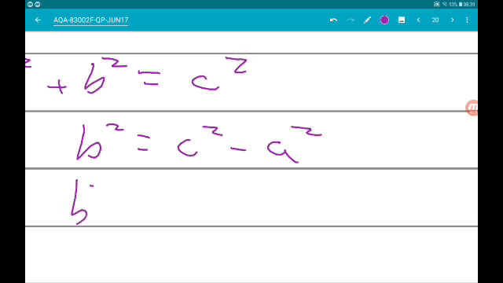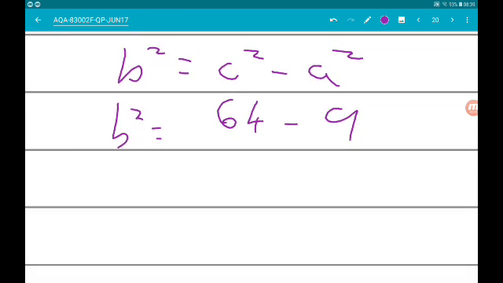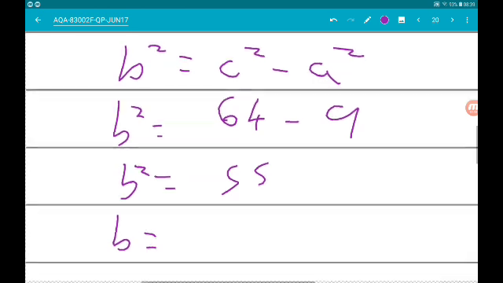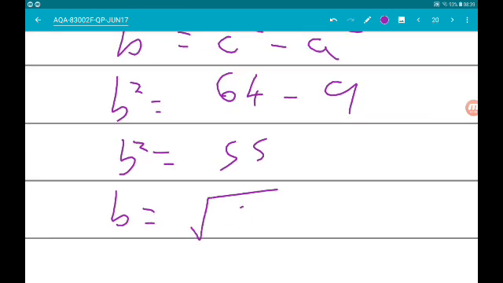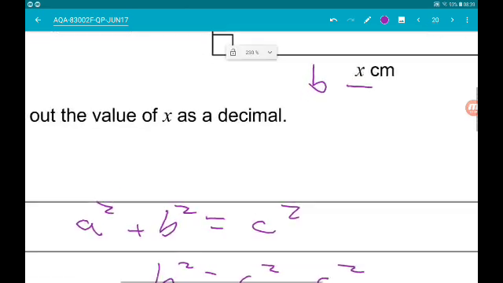So B squared is 64 minus 9. B squared is 55. So B is the square root of 55. They want a specific decimal place.